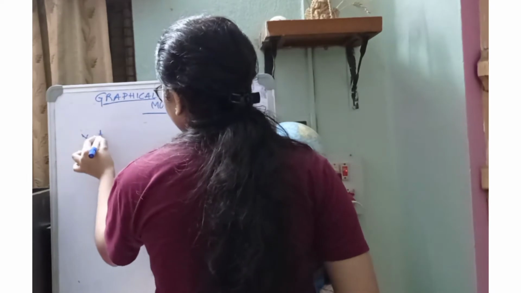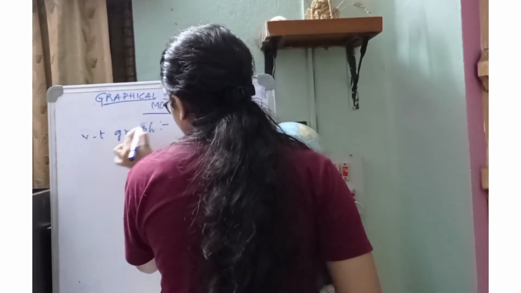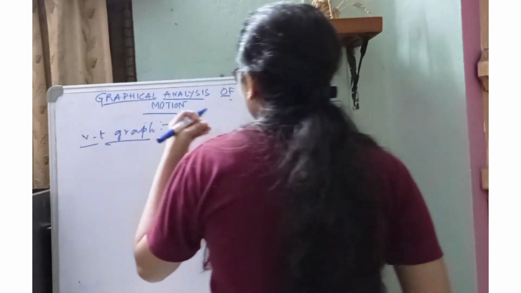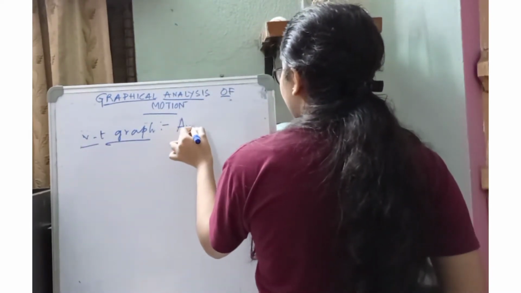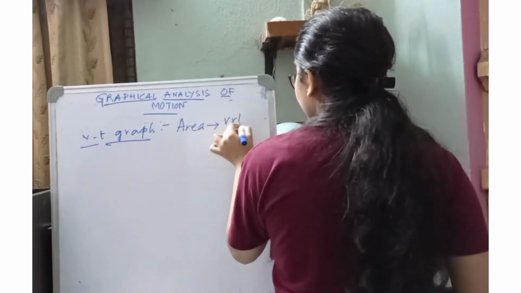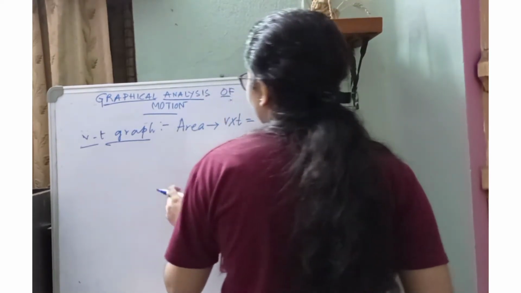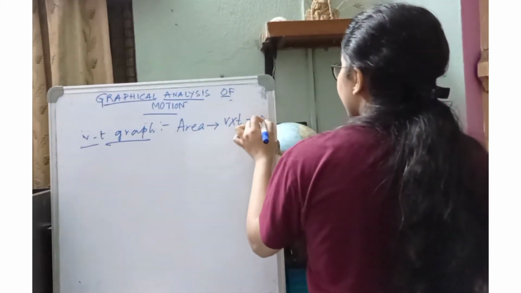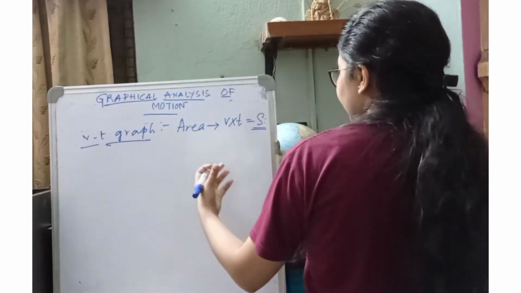Now if we begin with the VT graph, first of all the VT graph can give us two types of input. First, the area of the VT graph is nothing but V into T. Upon calculating the area, we are calculating the V into T value, which is the S value, that is either the displacement or the distance.